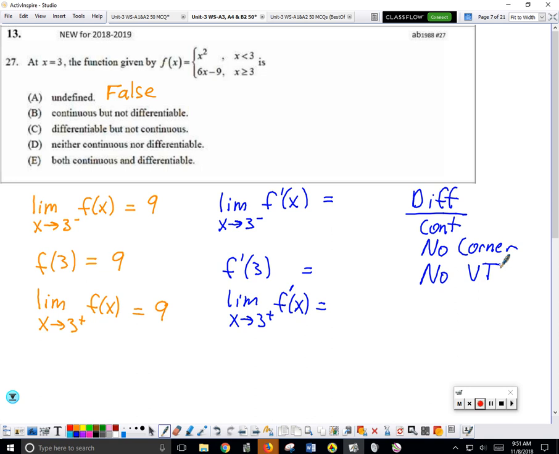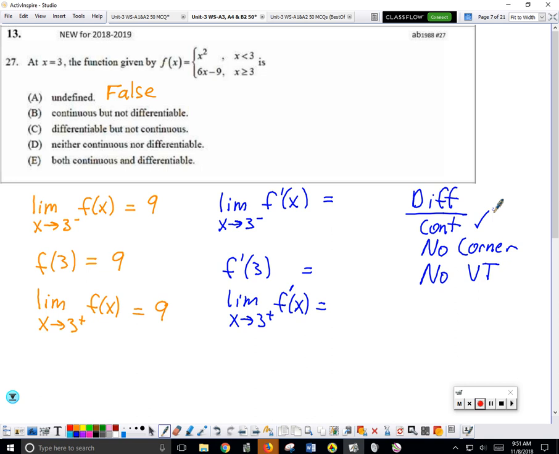Okay. To figure out whether the function is differentiable, you should remember this from Unit 1. We used this to answer questions where there was some sort of picture. Well, now they're asking, is this differentiable, and there's no picture? Well, I know the function is continuous, so I'm done with that.